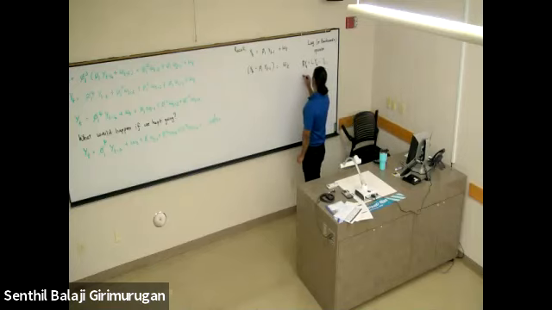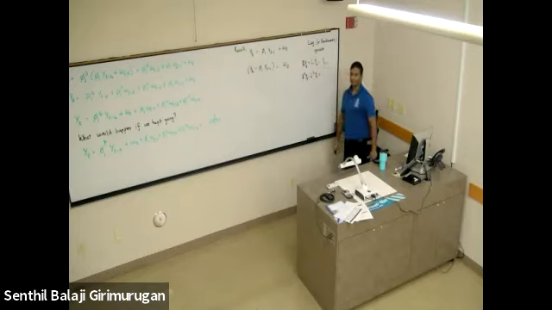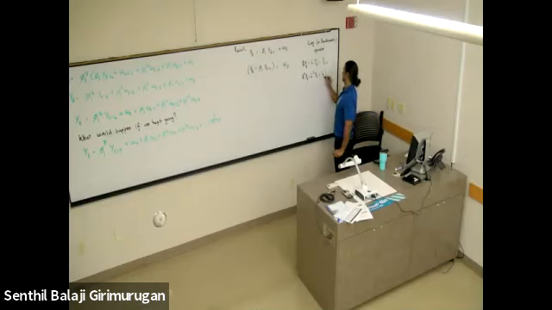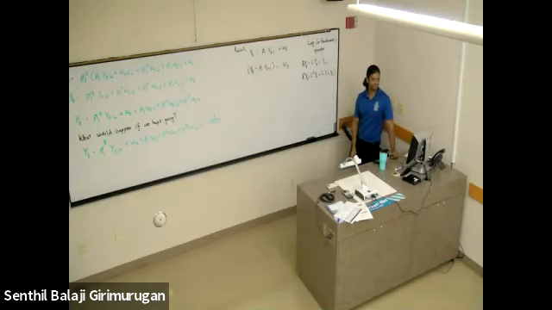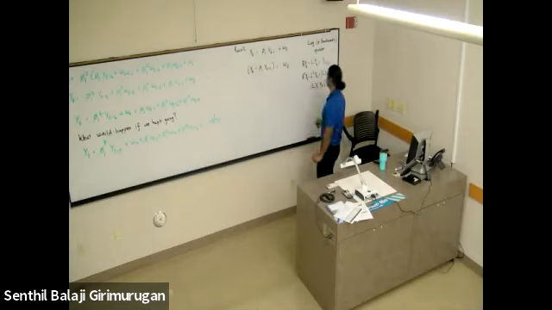Similarly, if I did B squared y sub t, which is the same as L squared y sub t, I could write L squared as L times L y sub t. But what is L times y sub t? It is y sub t minus 1. So we have L multiplied by y sub t minus 1.